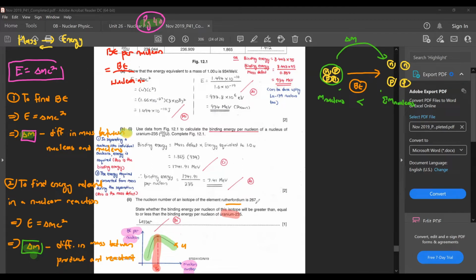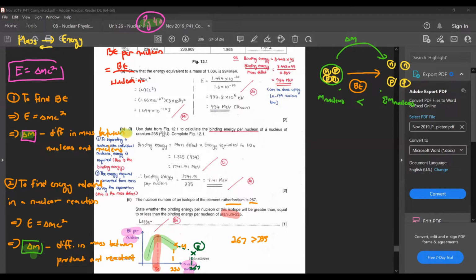But rutherfordium is 267, which is more than 235. Uranium is 235, rutherfordium is 267, so it should be somewhere around here.